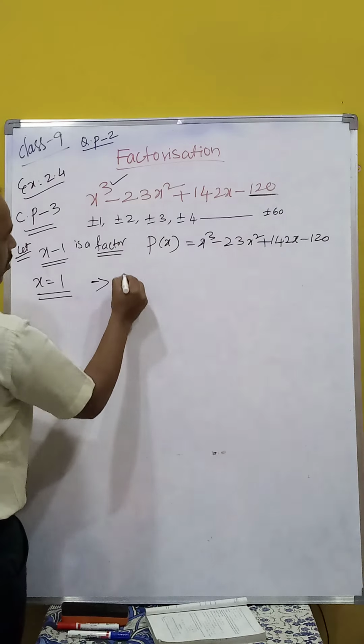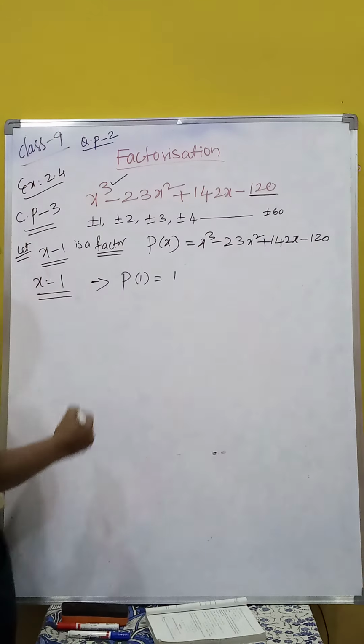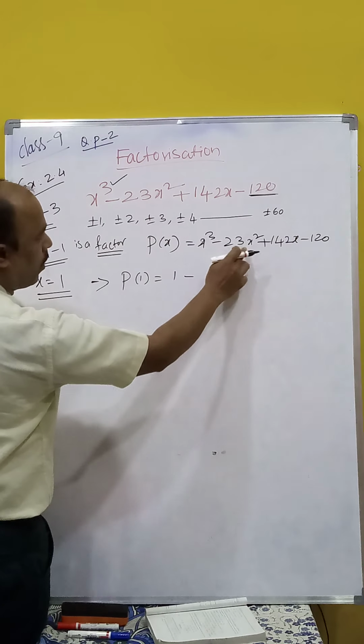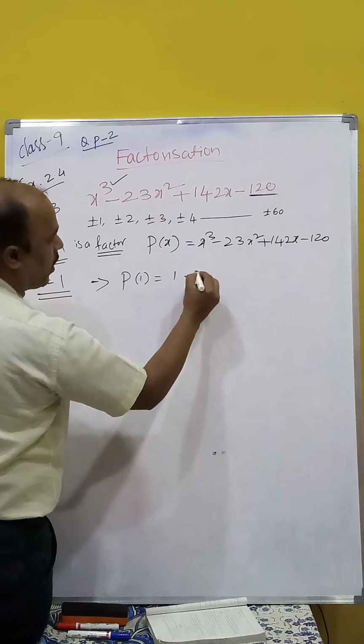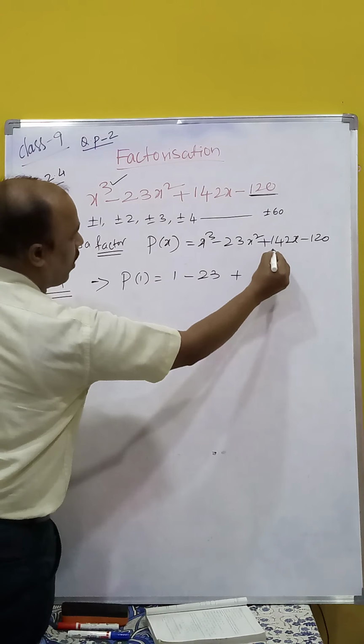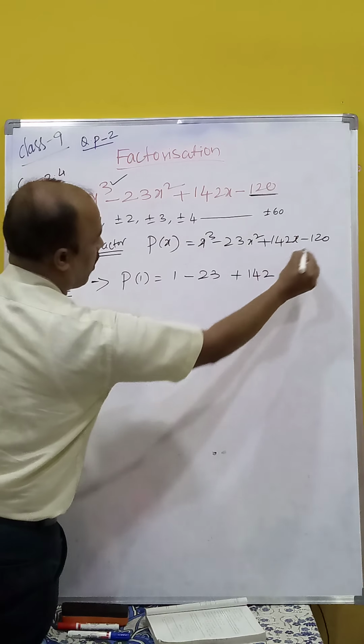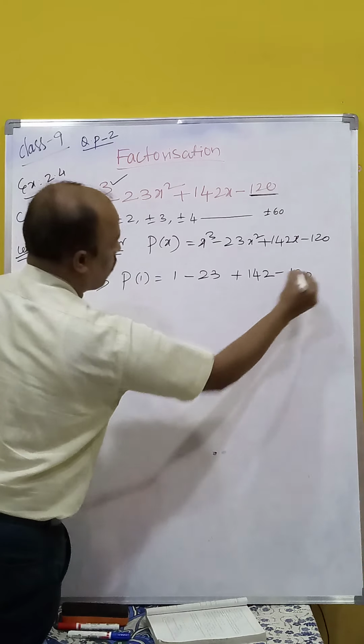Applying this, p of 1 is equal to 1 cube, 1, minus 1 square is 1, 23 into 1, 23 only, plus 142 into 1, no change, 142 only, and last one constant 120.